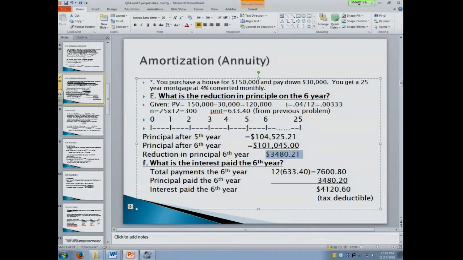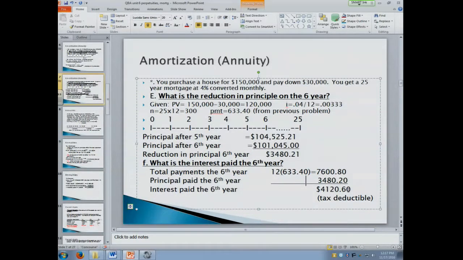How much did we pay out of our pocket between the 5th and 6th year? Well, we made 12 payments of $633.40, or out of pocket we took $7,680. We reduced the principal by $3480.20, so therefore $4,120.60 was our interest that we paid between the 5th and 6th year.